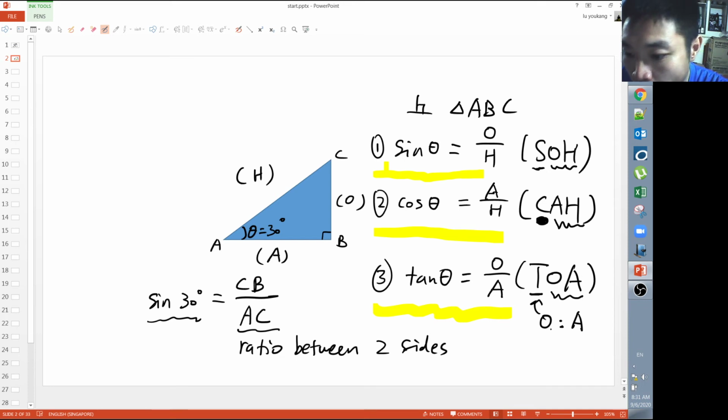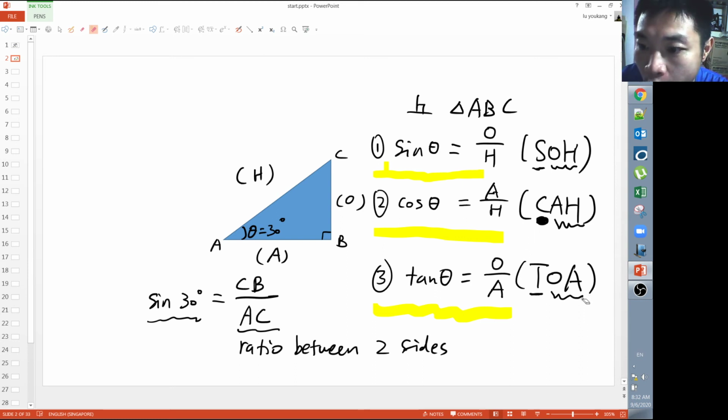O to A is actually equal to O over A. This is in ratio format, and this is in fraction format. So that's how you can memorize these three rules. So once again, SOH CAH TOA.